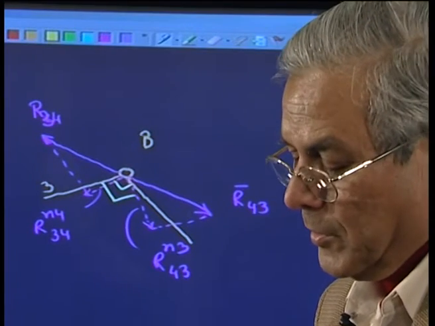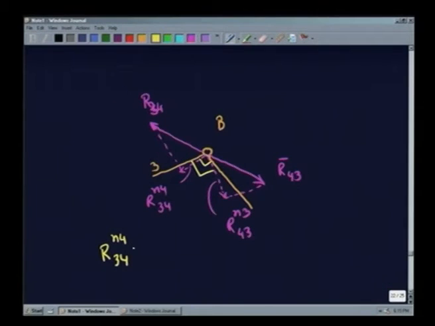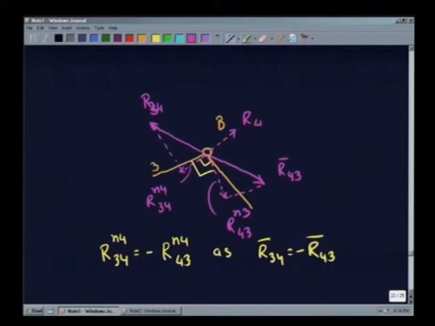Now, you all know that R34 normal to 4 is nothing but minus R43 normal to 4, because R34 is just equal and opposite to R43 according to Newton's third law. So, we can say that R43 normal to 4 will be just equal and opposite to this.